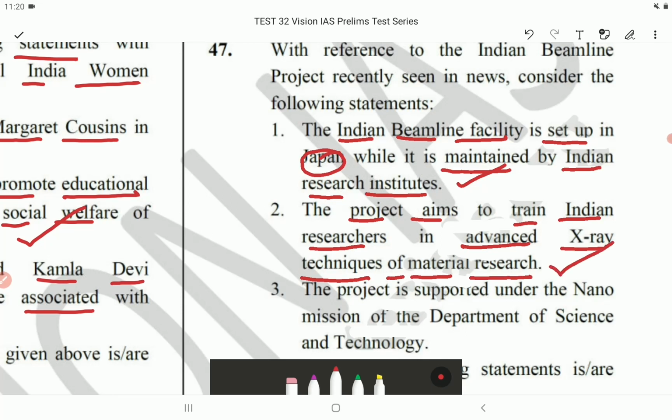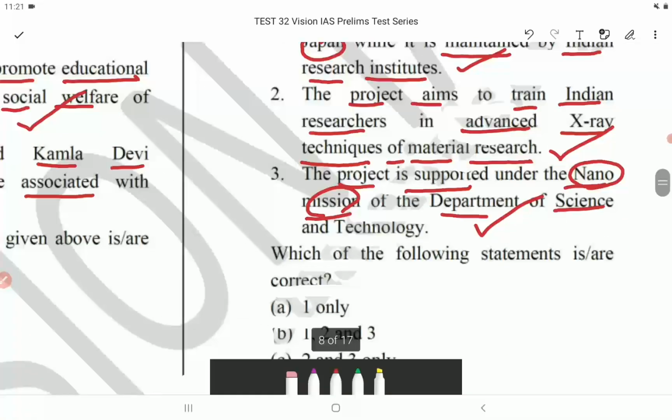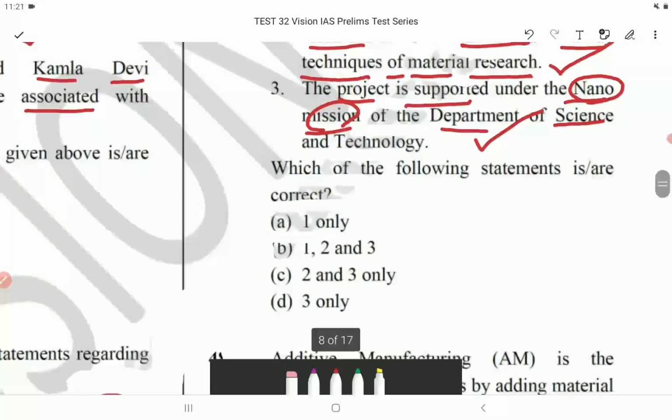This is correct. Statement 3. The project is supported under the Nano Mission. So it is supported under the Nano Mission of the Department of Science and Technology. This is also correct. Which of the following statements is or are correct? The correct answer is option B, that is 1, 2 and 3.